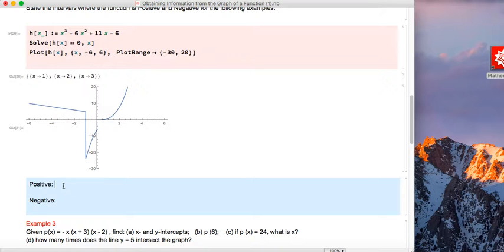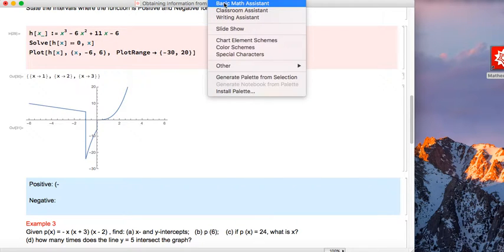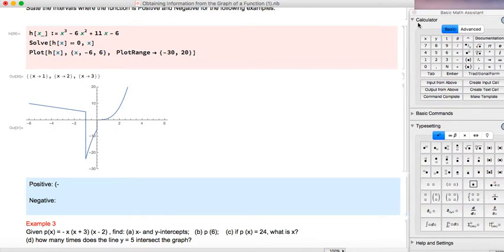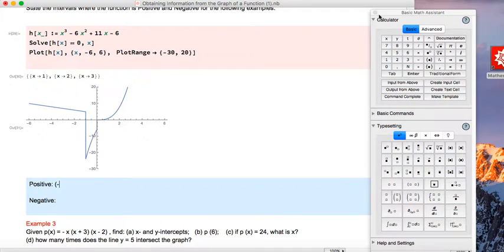So for the positive, the interval is from negative infinity to this value here, -1, and the union from 0 to positive infinity.